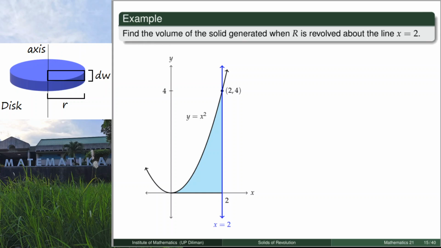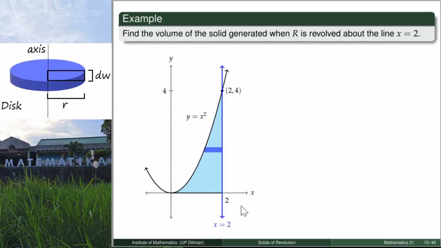So we use the same region, but this time we have a vertical axis. So again, we use the method of discs or washers. Since we have a vertical axis, our rectangle must be horizontal, okay, because perpendicular. So next, our question is, do we get discs or washers? Notice that this boundary has a segment that coincides with the axis of revolution.